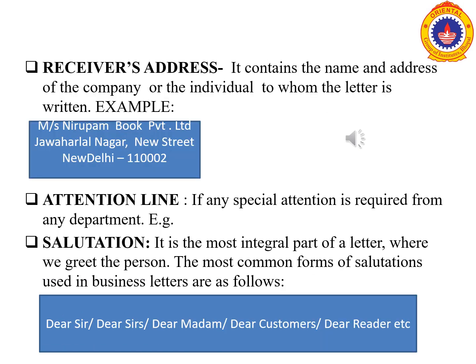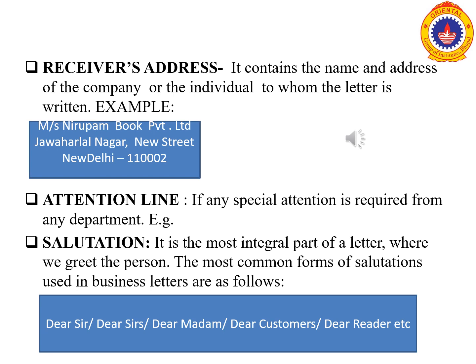Now we come to the next feature, that is receiver's address, inside address or to address. It contains the name and address of the company or the individual to whom the letter is written, and it generally includes a personal title such as Mr., Miss, Mrs., Doctor in case of personal letters.